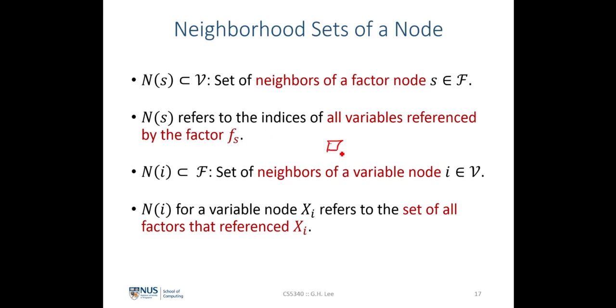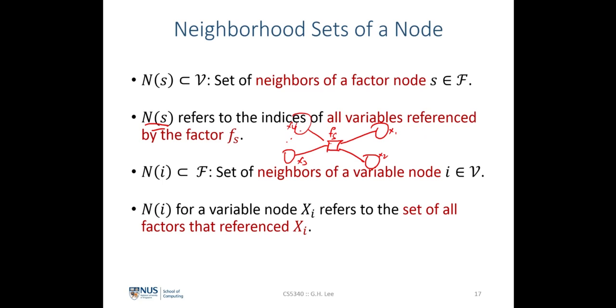Given a factor node fs, n of s is defined as all the random variable nodes that are directly connected to this fs. For example, here x1, x2, x3, and x4.